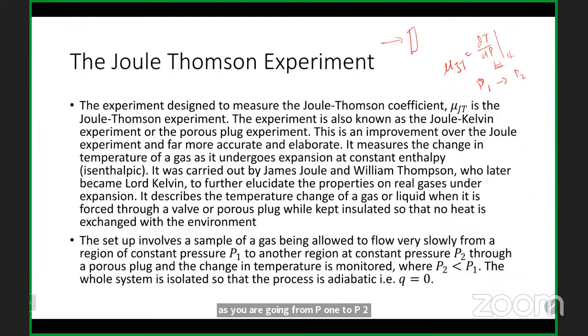Remember, for Joule's experiment, it was the volume change that was observed with temperature, dT dV at constant U. Now that's also applicable to gases.